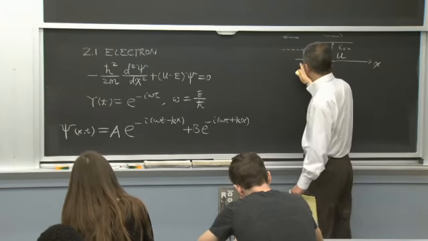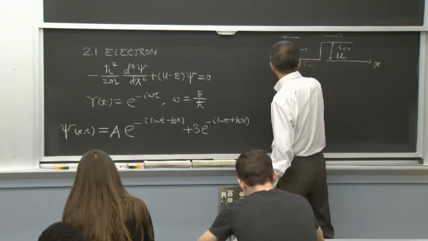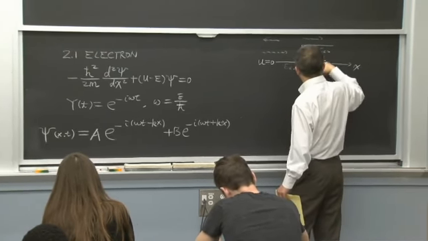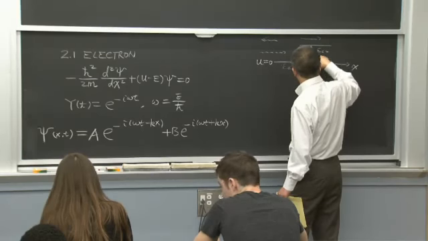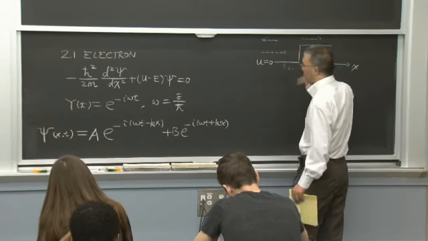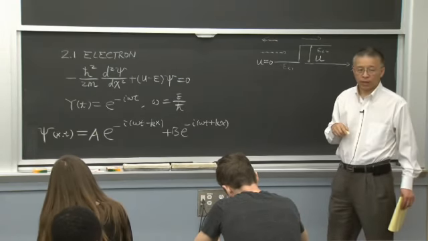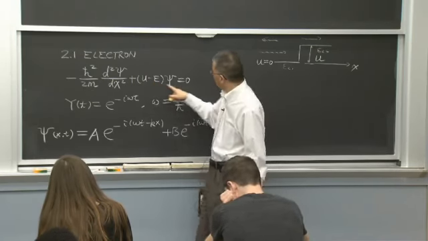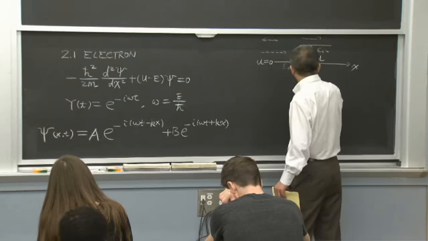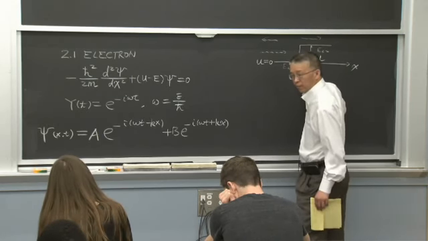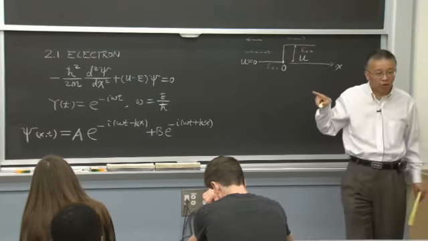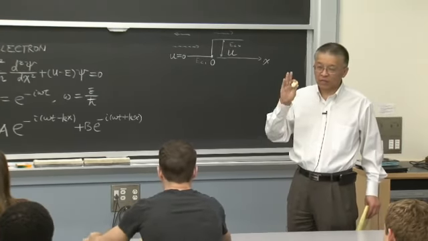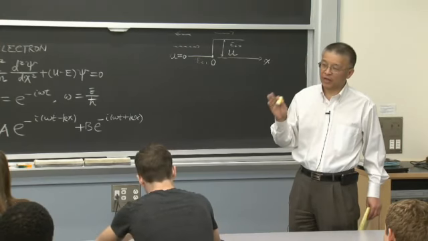For medium 1, let me take this U as a reference. This is 0. So the electron here experiences a difference between 0 and magnitude U, right? Because of this, my k is different in each region. Let's say here is the 0 origin of my coordinate, and you can always choose your origin, but typically it's much easier if you set the origin at the interface, at least at the first interface.